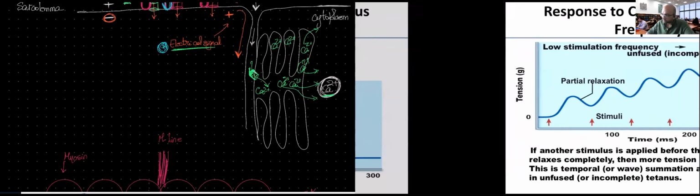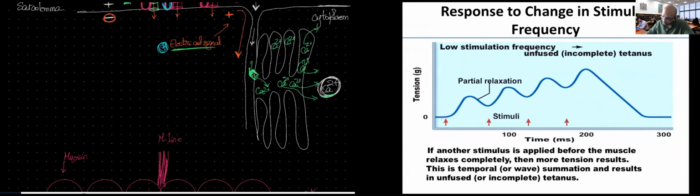What if I got another stimulus before I complete the relaxation, before I reduce the tension all the way down to zero? Before complete relaxation means I didn't reuptake all the calcium back. So I still have some of the calcium outside in the cytoplasm.